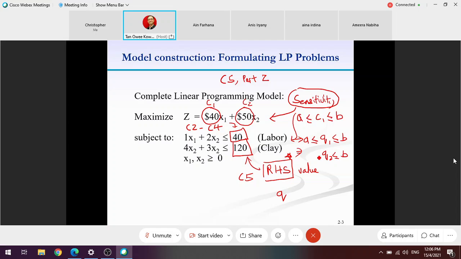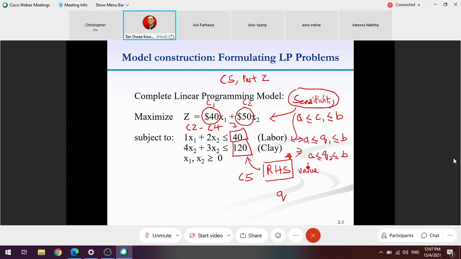So basically, this is a general idea. Instead of looking at the slide one by one, I try to explain what I want you to remember. C represents the sensitivity range for the objective function coefficients, while Q represents the sensitivity range for the constraint, or rather the sensitivity range for the right-hand side value.